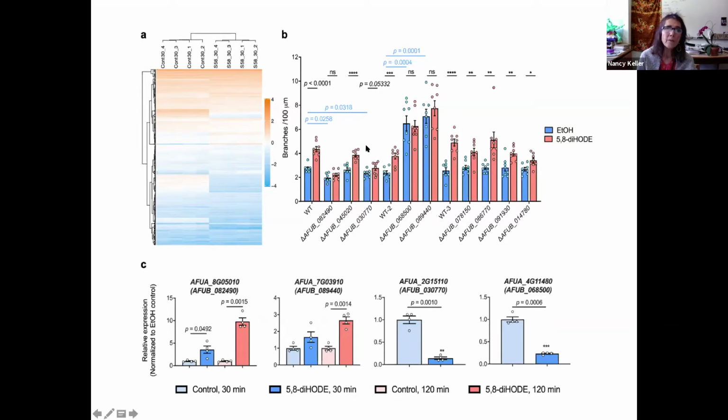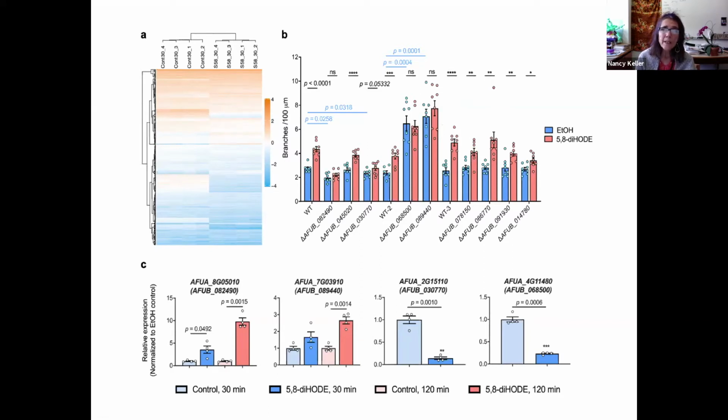And Minyao found that there were actually 3 of these transcription factors that, when deleted, did not respond to 5-8. And you can see one, for example, right here. This one did not respond. This one barely responded. These 2 did not respond. And in fact, they actually had an abnormal branching phenotype.